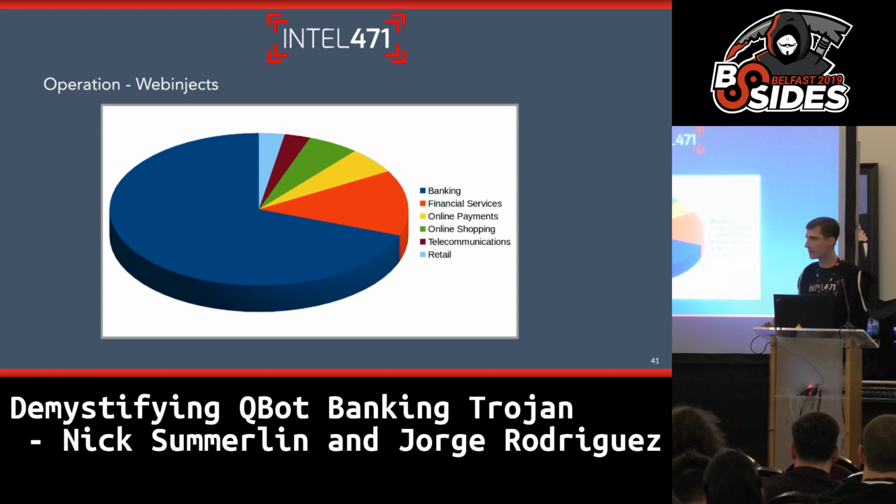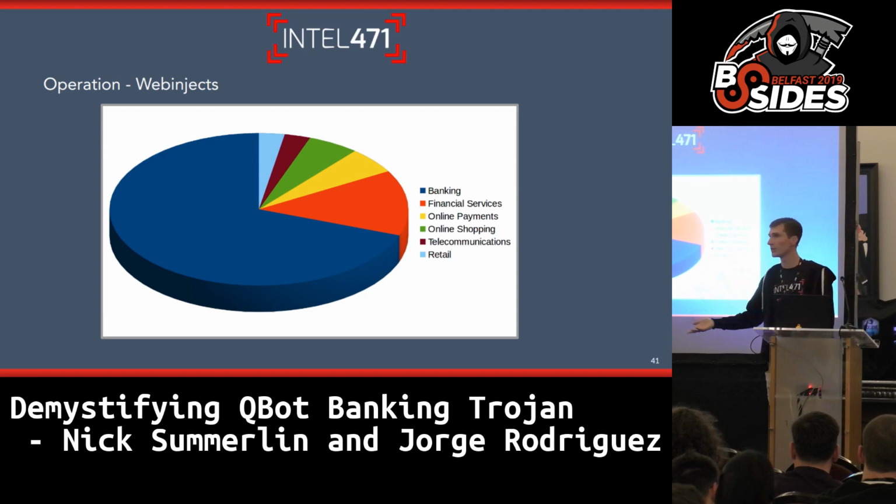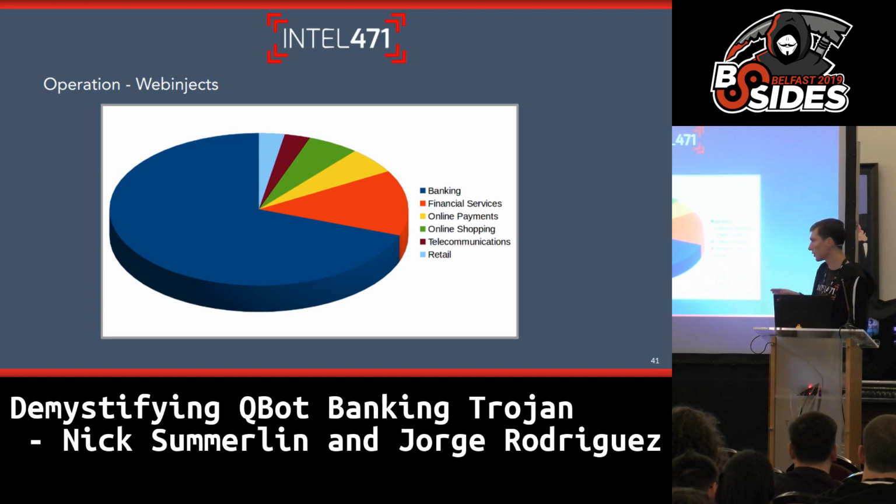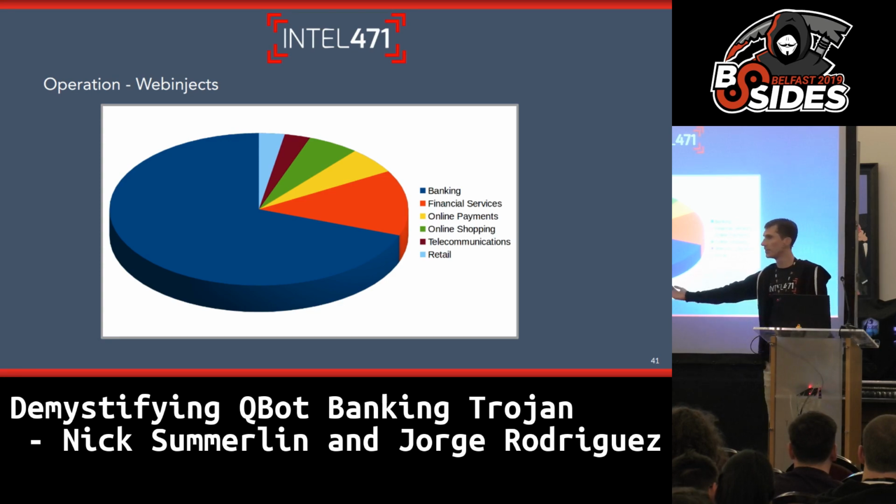Next, I'm going to talk about web injects. I feel like I might need to explain what a web inject is, so I'll do so briefly. When you're infected with QBot and you go to a website in your browser that interests them, like a banking website or Amazon, your browser will request the page, and Amazon, if that's the page, will send a response.